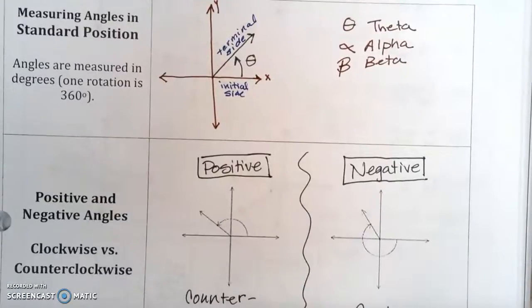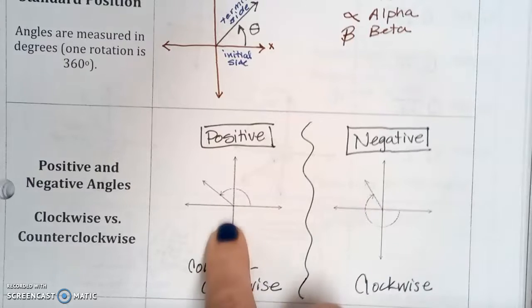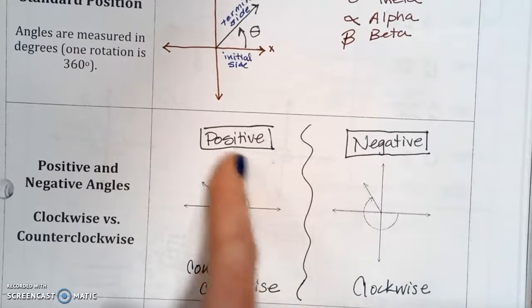Okay. All right. Next box down, talking about when your angle is positive and when your angle is negative, and looking at it clockwise versus counterclockwise. So your positive angles are going to start at 0 and go counterclockwise.